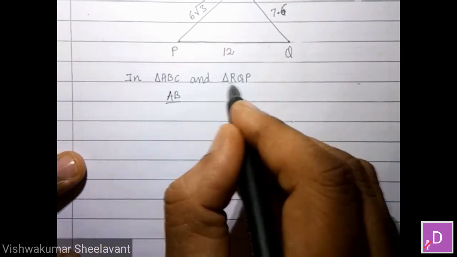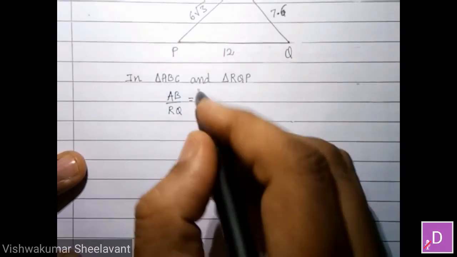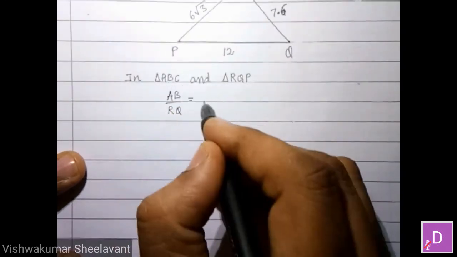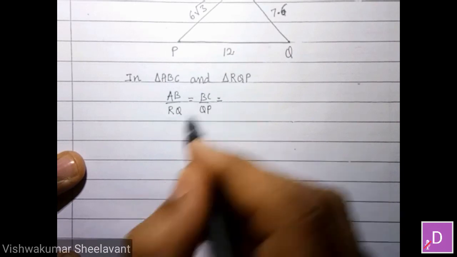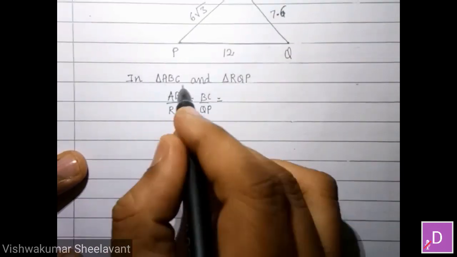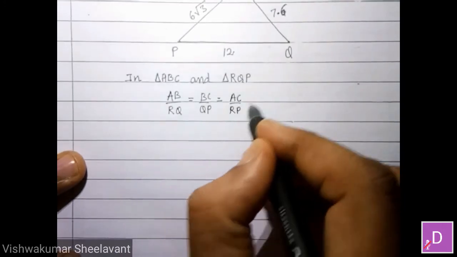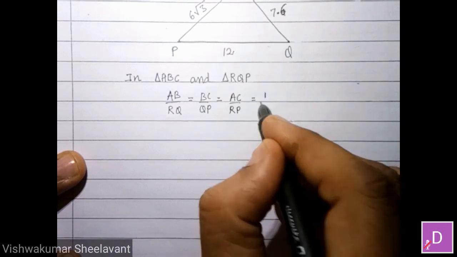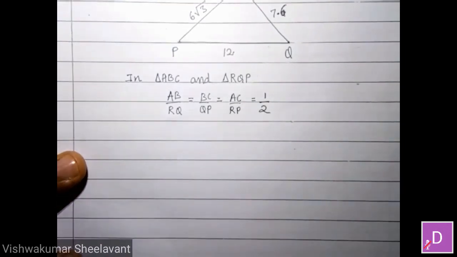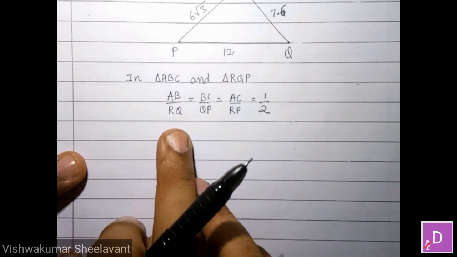AB by RQ is equal to BC by QP is equal to AC by RP. What is that equal to? 1 by 2. If you take reciprocal, then it will become 2.